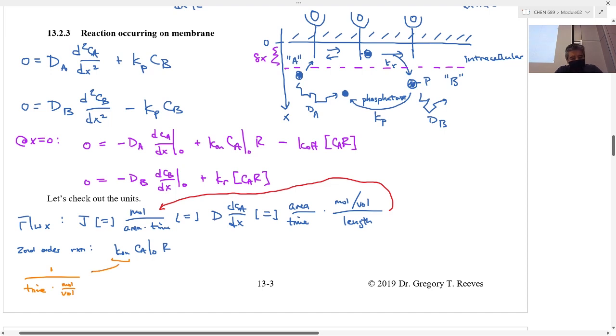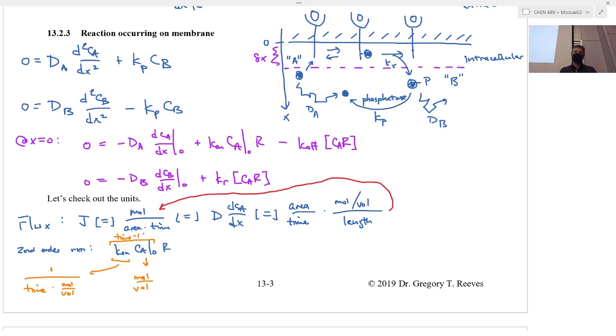Concentration, of course, has units of moles per volume. So those two things semi-cancel out, and the combination of K on times Ca gives us what looks like a pseudo first order, time inverse, together. So the first two factors combine together to give us inverse time.